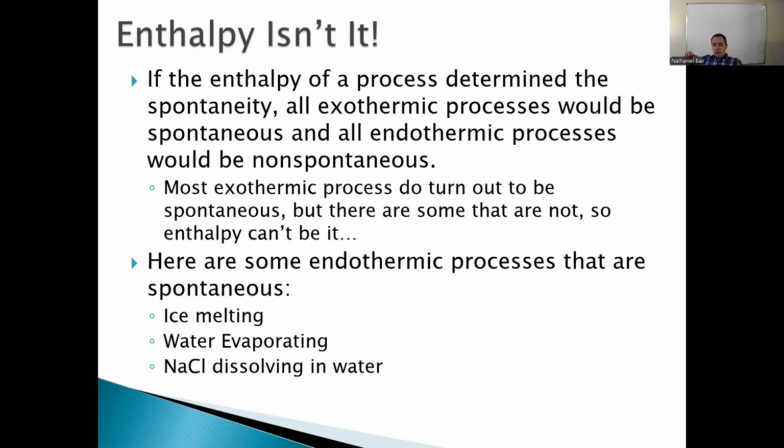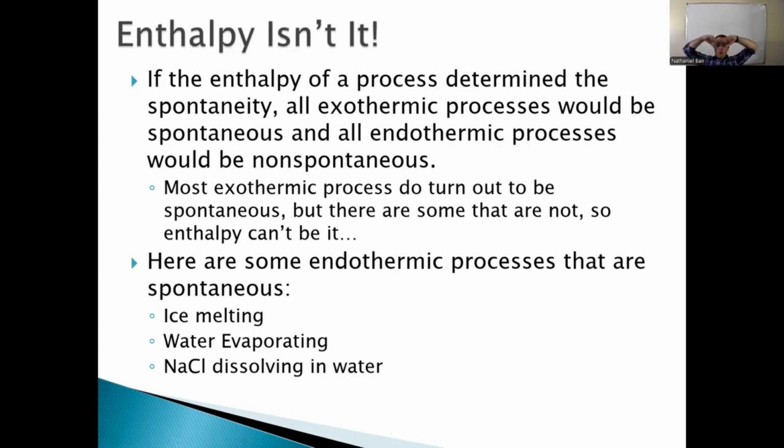Same thing with water evaporating. If I go from water in the liquid phase to steam, the particles go from being connected to one another to now being all on their own, flying around randomly. Sodium chloride, when it dissolves, you go from having an ionic compound with a locked-in crystalline lattice of cation, anion, cation, anion, in this cube of ions.